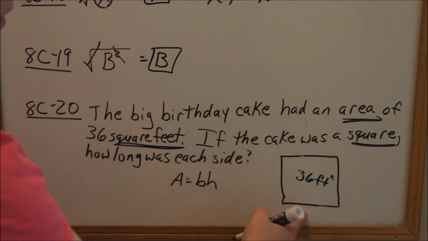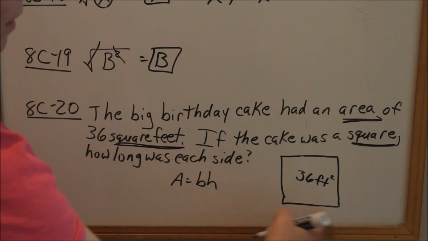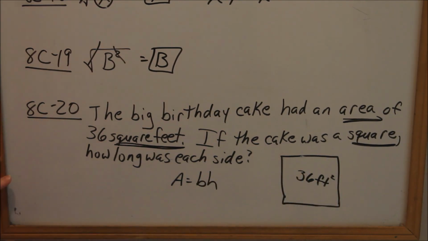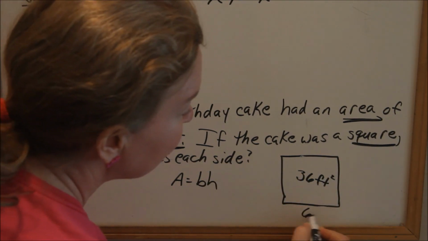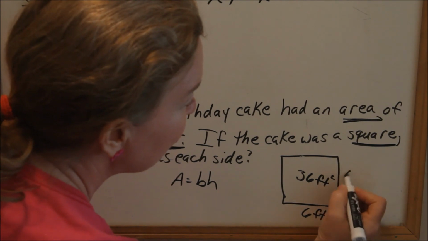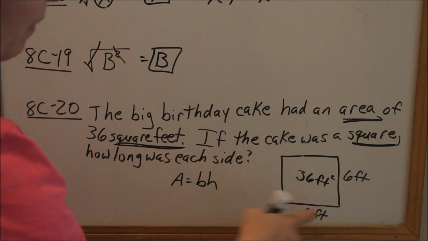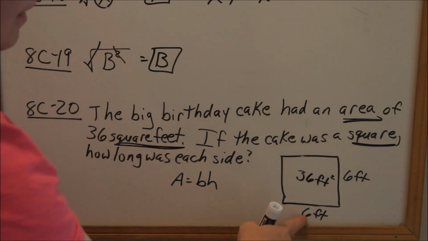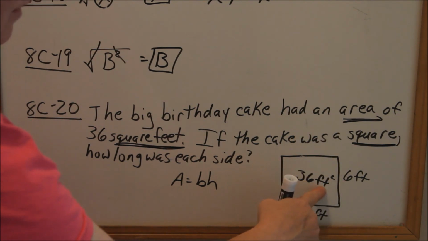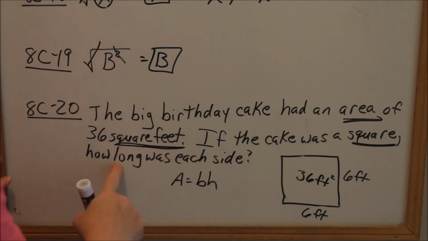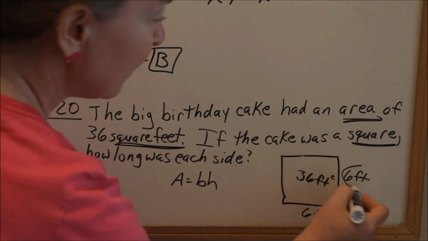All four sides have to be the same. So what times itself gives you 36? 6. If this was 6 feet and this was 6 feet, then base times height. 6 feet for your base, 6 feet for your height. 6 times 6 is 36, and the area is always square feet. So that means how long was each side? 6 feet.